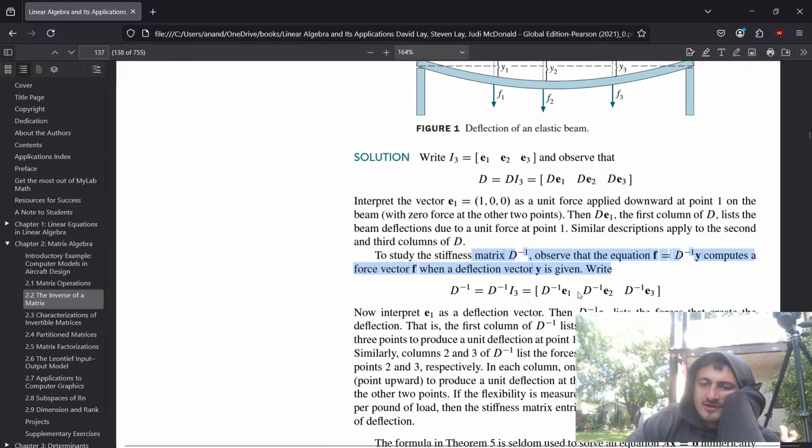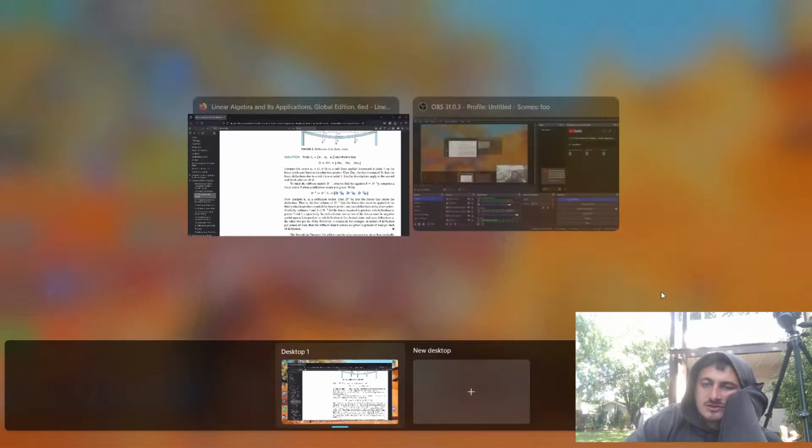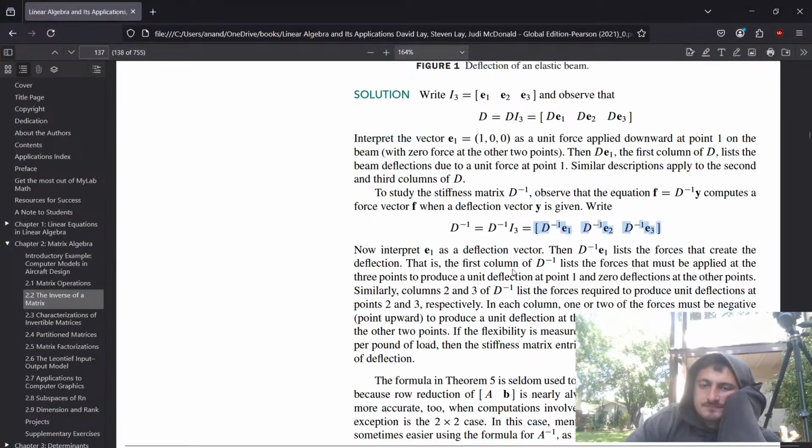Oh, for a given deflection, we can calculate the force with the inverse, with the stiffness matrix. It's cool. Now interpret the first column of D^-1. That is, the first column of D^-1 lists the forces that must be applied to create the deflection.